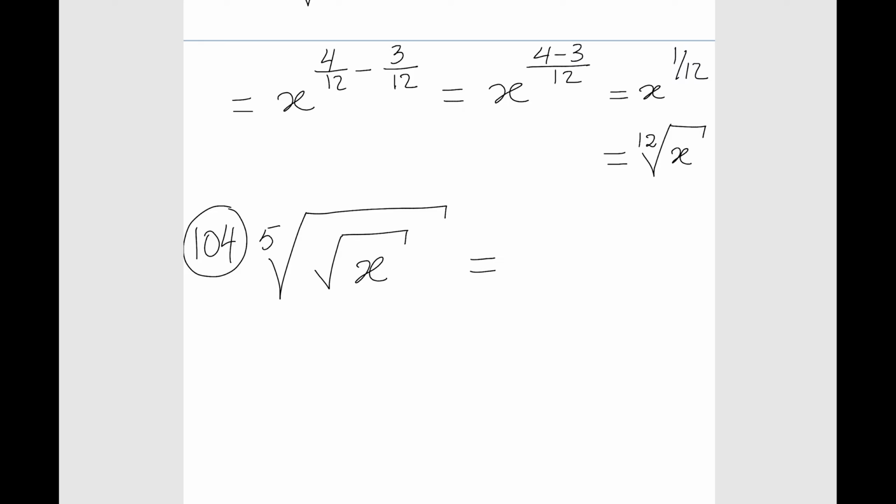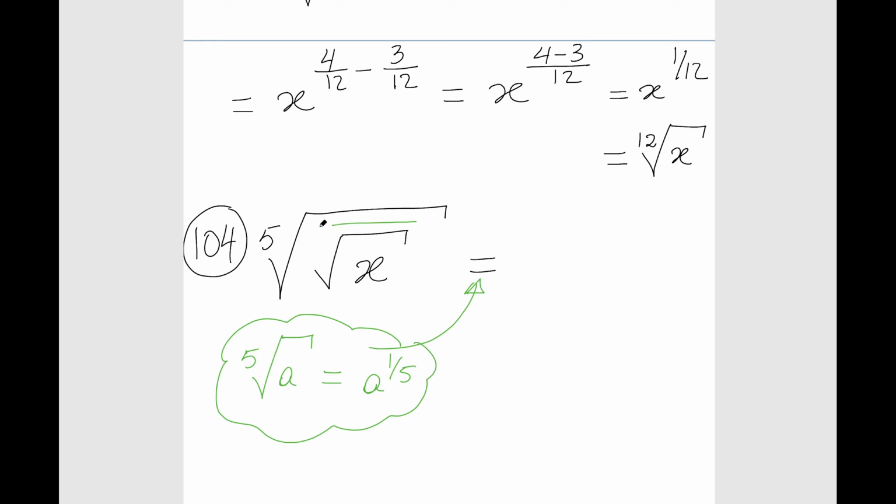Well, the 5th root of a, we know that this is a to the power 1 over 5, right? Think about this guy as a, and then we get that this is a to the power 1 over 5.